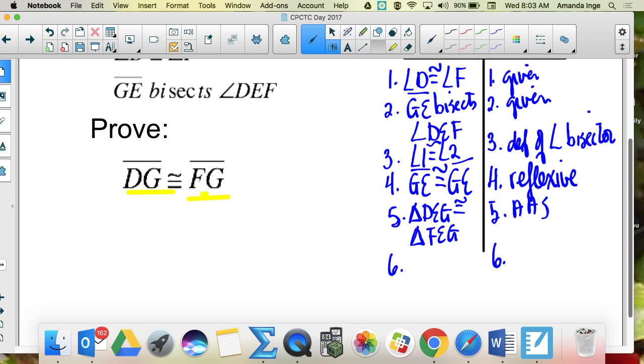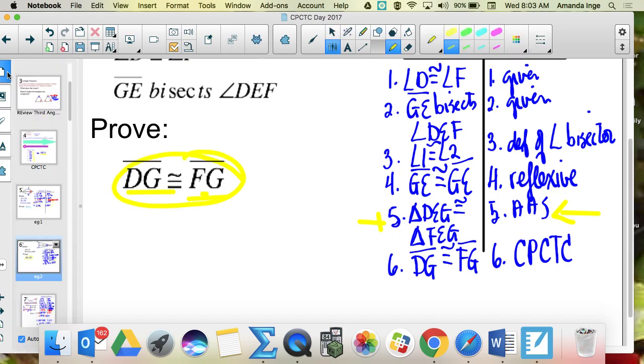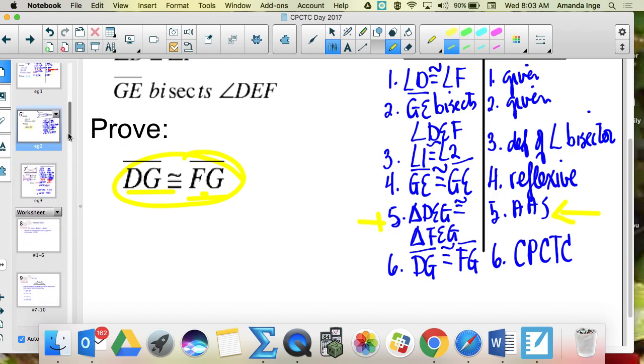From there, since we proved that triangle DEG is congruent to FEG using angle, side, then we can go to the next step and say that side DG is congruent to FG because of corresponding parts of congruent triangles are congruent. But if you're proving sides are congruent, then you have to say the triangles are congruent first, using one of the 5 ways we talked about.